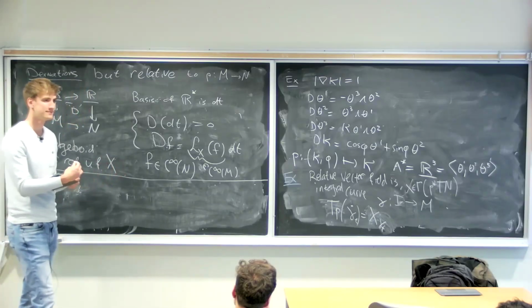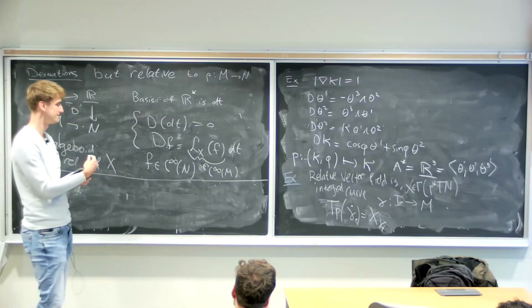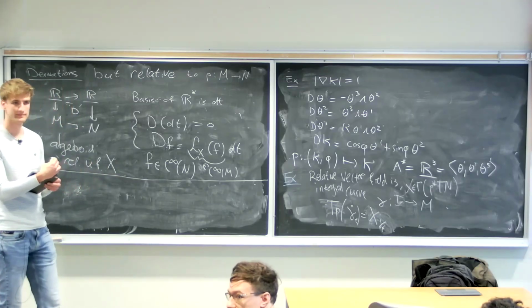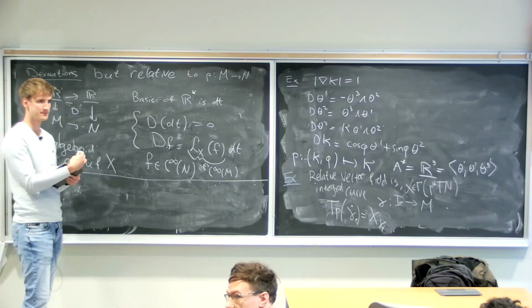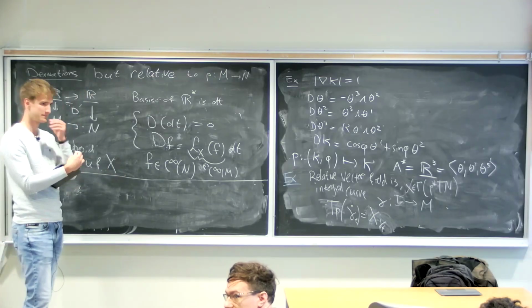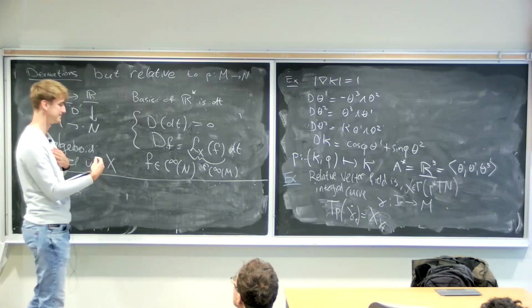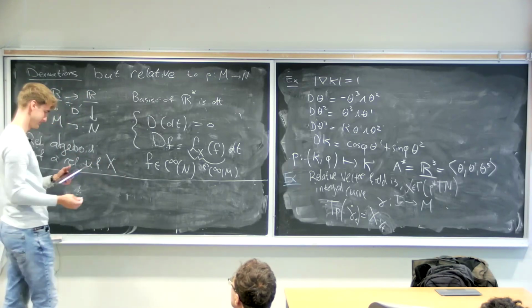Exactly. A vector field that's pulled back from N. The problem is you look at your contraction of X with the pullback from here. It's not the same thing, right? Really, the pullback of here is the pullback tangent bundle.